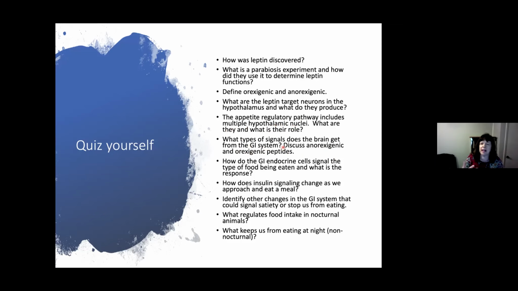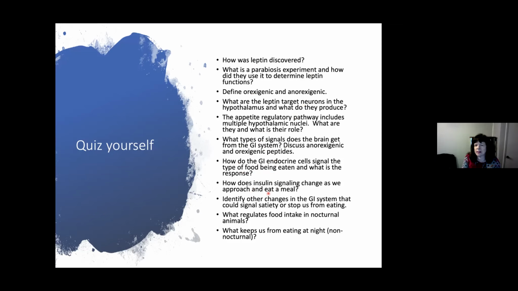And so if I say, okay, tell me about how the GI system signals to the brain, you can pair that with, or another question might be, tell me the route by which the adipocyte signals the brain. You could pick which system you like and focus in on the different hormones that are involved to signal the brain.